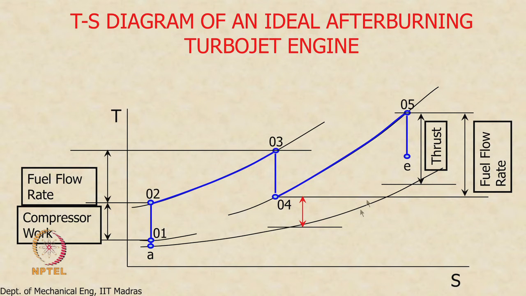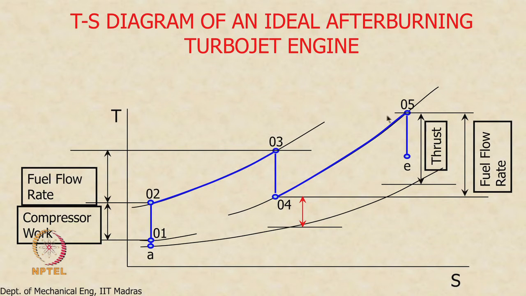Now when you add an afterburner, we take the fluid from the turbine exhaust, and before we send it to the nozzle, we send it into the afterburner where we burn fuel and increase the stagnation temperature. So we go along this isobar up to state point 05, where the stagnation temperature will be more than what it was here. In most cases, or it may be comparable to this, that does not matter.